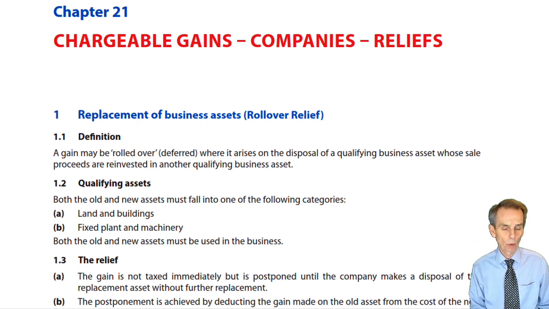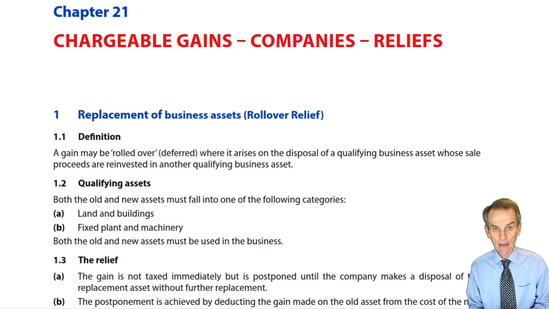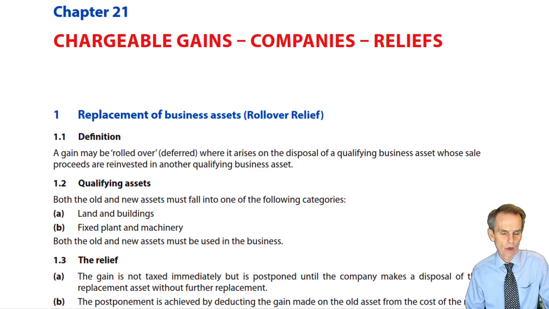All the techniques and rules that apply to rollover relief, where we deal with a qualifying business asset being sold and another qualifying business asset acquired, all of the techniques and rules for rollover remain exactly the same as we saw in Chapter 14 when dealing with individuals and charging any remaining chargeable gain post-rollover to tax, only this time it's corporate tax within the corporate tax computation rather than CGT, as it was when an unincorporated trader was doing the selling and the buying.